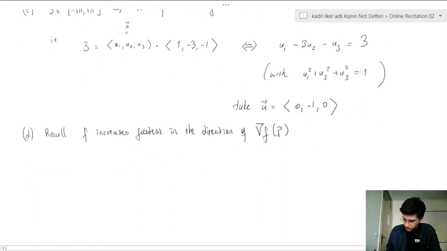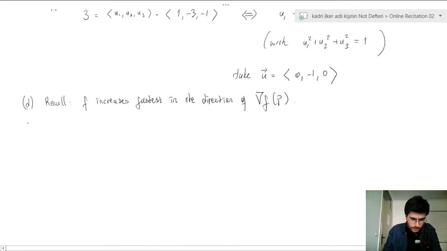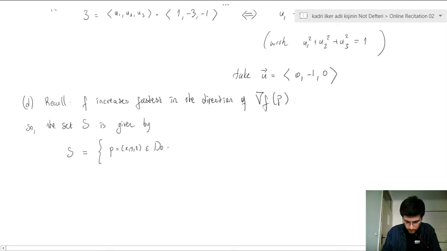Therefore, the set S consists of all points (x, y, z) in the domain of f such that the gradient vector at that point is parallel to the vector a.